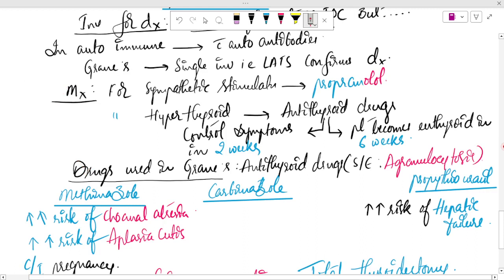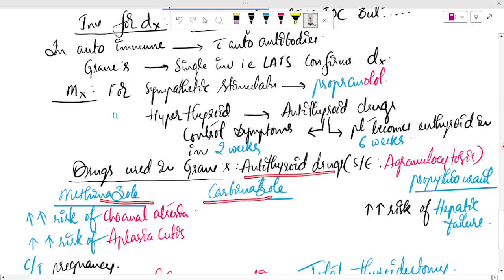So the most important side effect of anti-thyroid drugs is agranulocytosis. Now, what are the three most commonly used drugs?